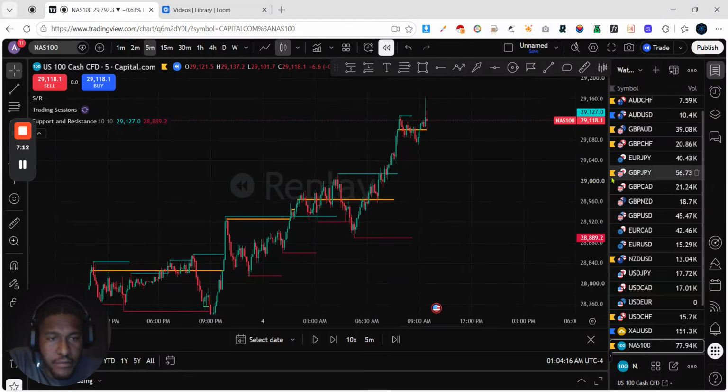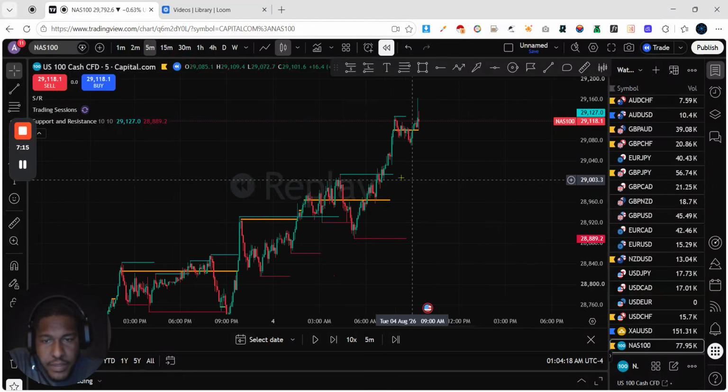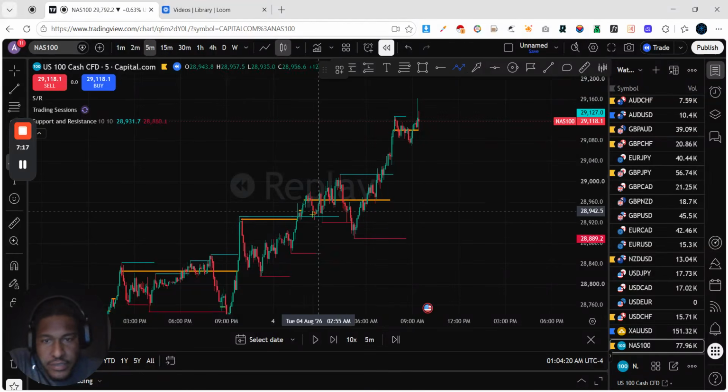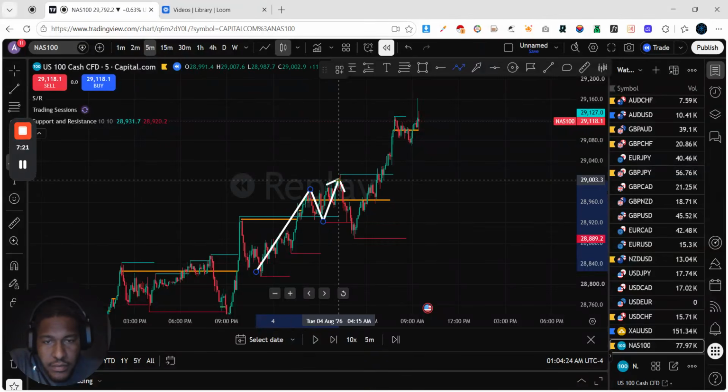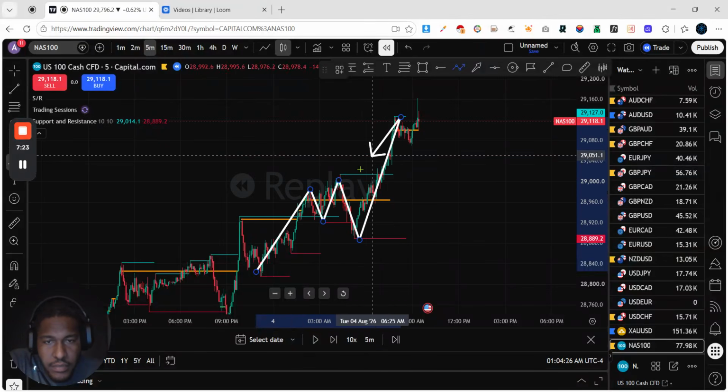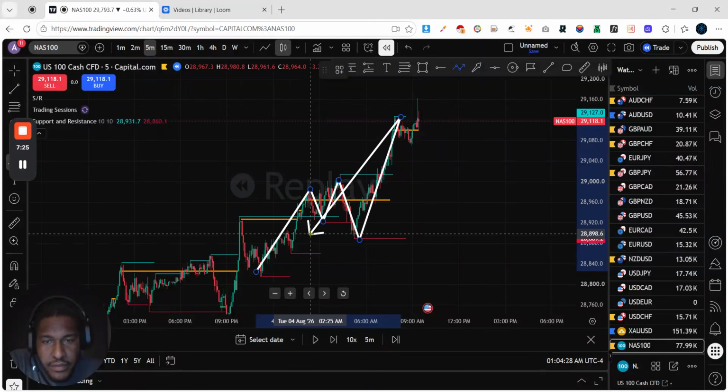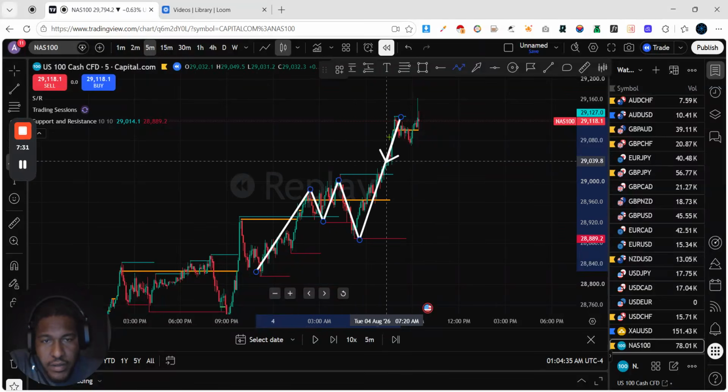All right, so we see NAS is grabbing external liquidity. Here we came and boom, boom, we grabbed some internal liquidity here. Boom.